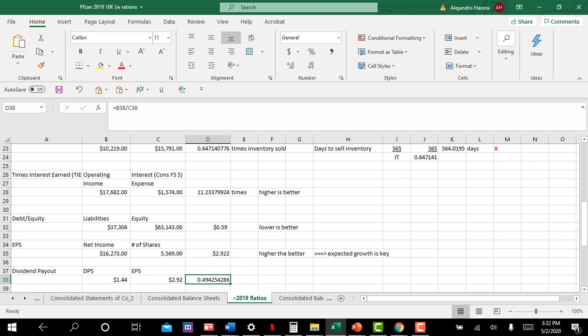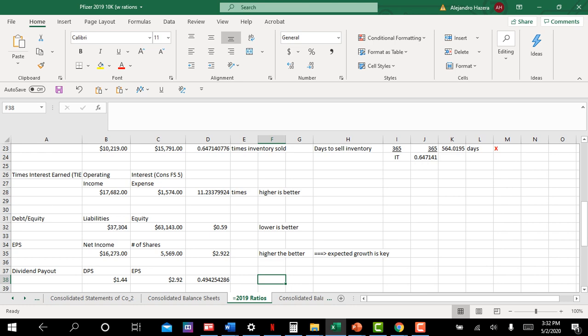This says that for every dollar the company earns, it's paying to its shareholders nearly 50%. So if they earn $1 in earnings per share, they're paying out 50 cents on the dollar. So from a shareholder perspective, it looks like, with Pfizer, a large part of the attractiveness of the stock may be the dividend it's paying. So we may find out that your company is a bit of a cash cow.